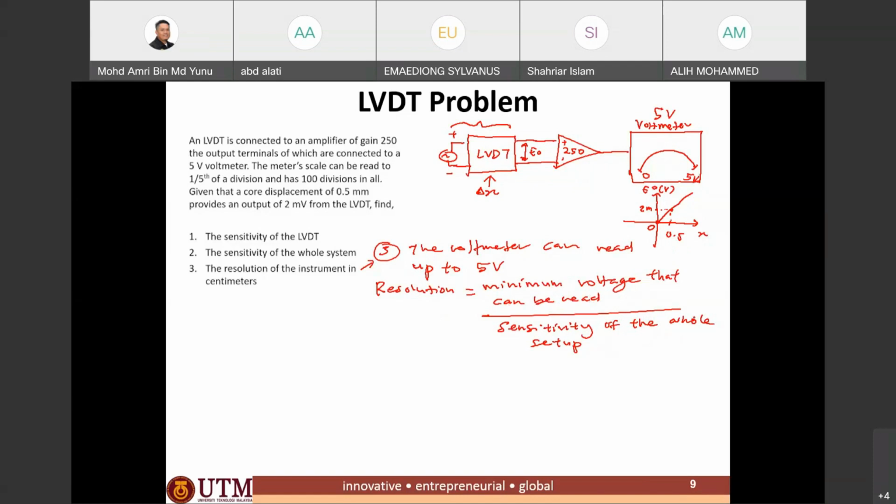Okay, so now we need to know the minimum voltage that can be read by the voltmeter.